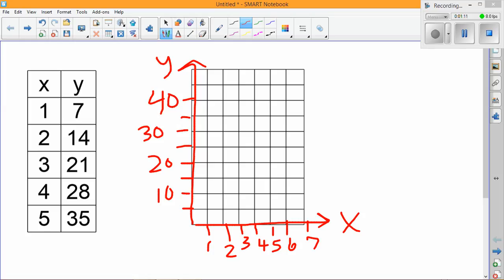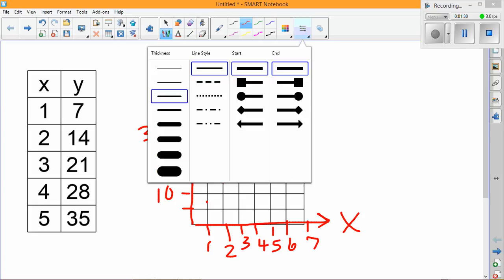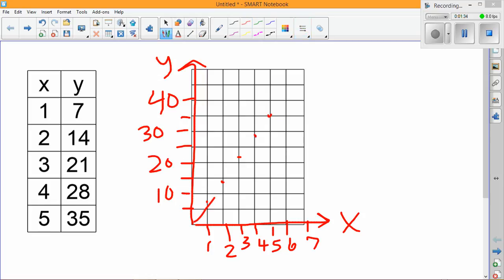And then we can go ahead and plot this. And we can see that you're going to get a straight line.